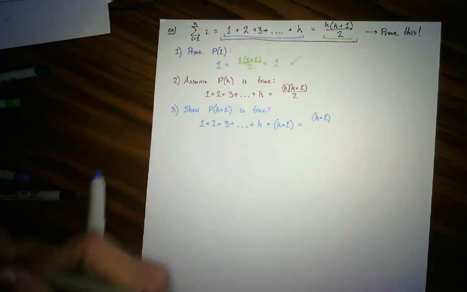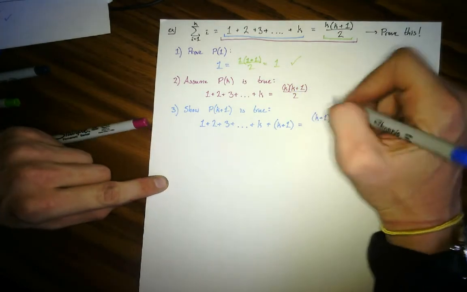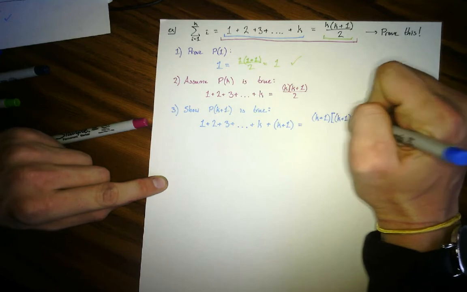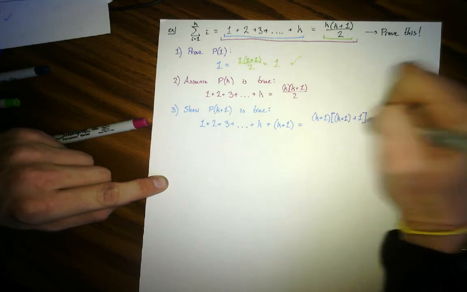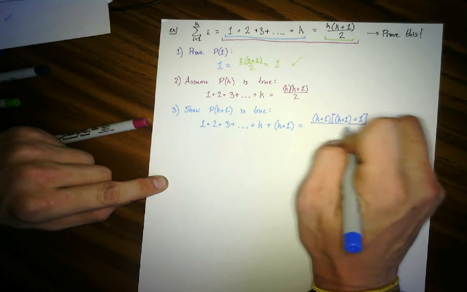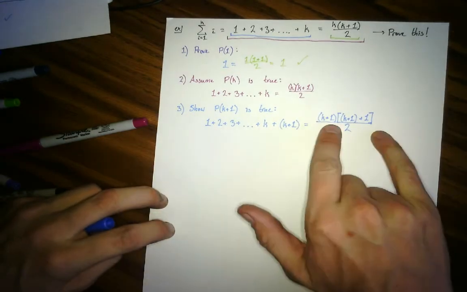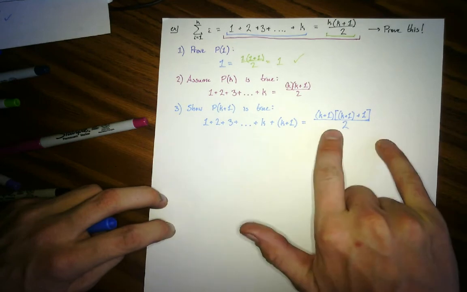And then we substitute the k and the k plus 1 with k plus 1 in itself, and then divide that whole thing by 2. So what we're trying to do here is show that this side somehow is equal to this side, or that this equality holds true.